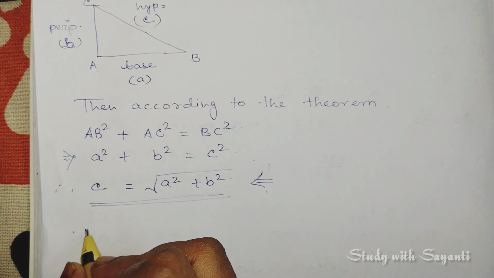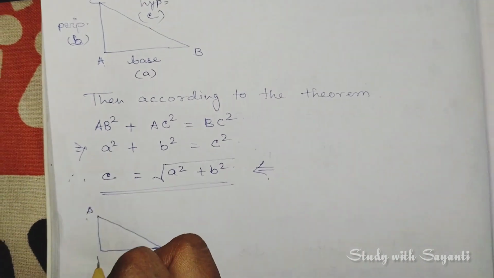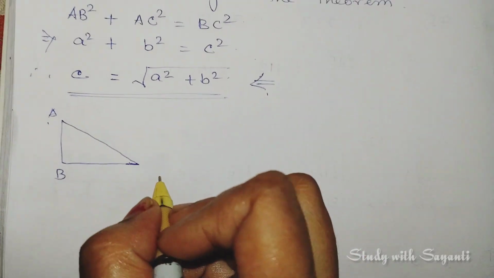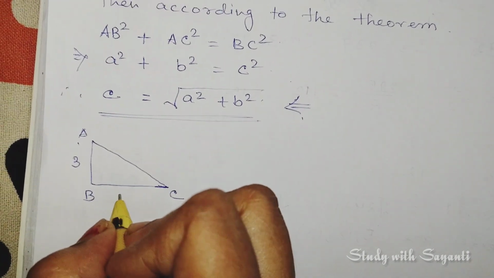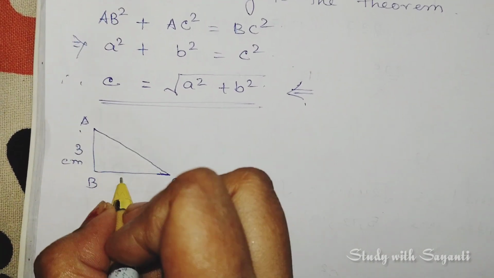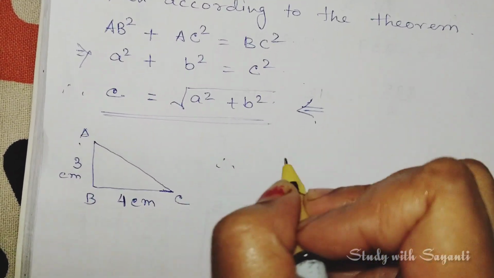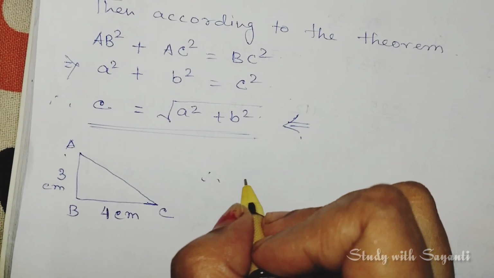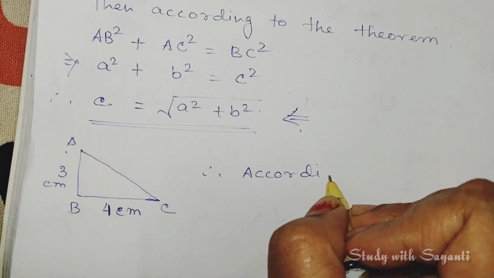Now let's see an example. This is also a right angle triangle. The sides are AB and BC, where AB is the perpendicular and BC is the base. AB is 3 cm and BC is 4 cm, suppose. So we have to determine AC, that is the hypotenuse. Here we will apply the Pythagoras theorem again.